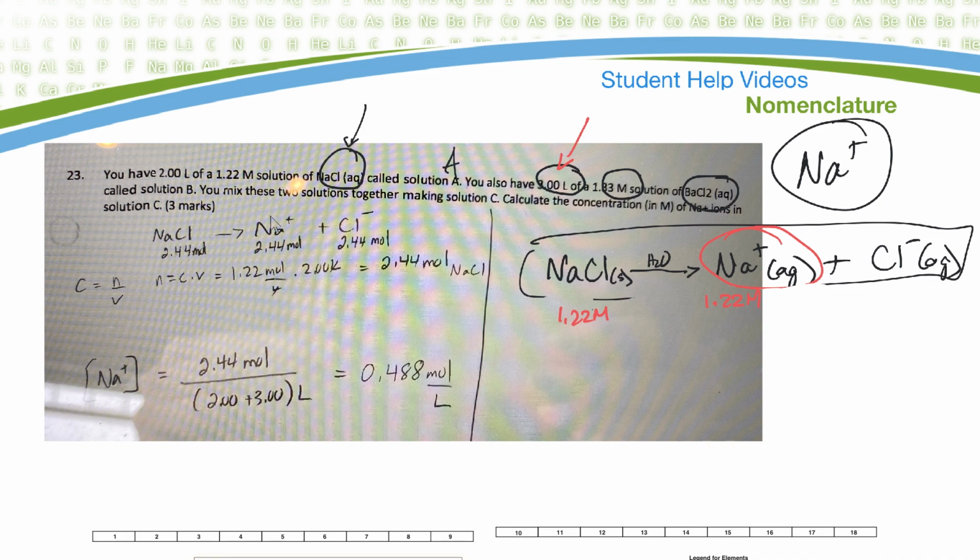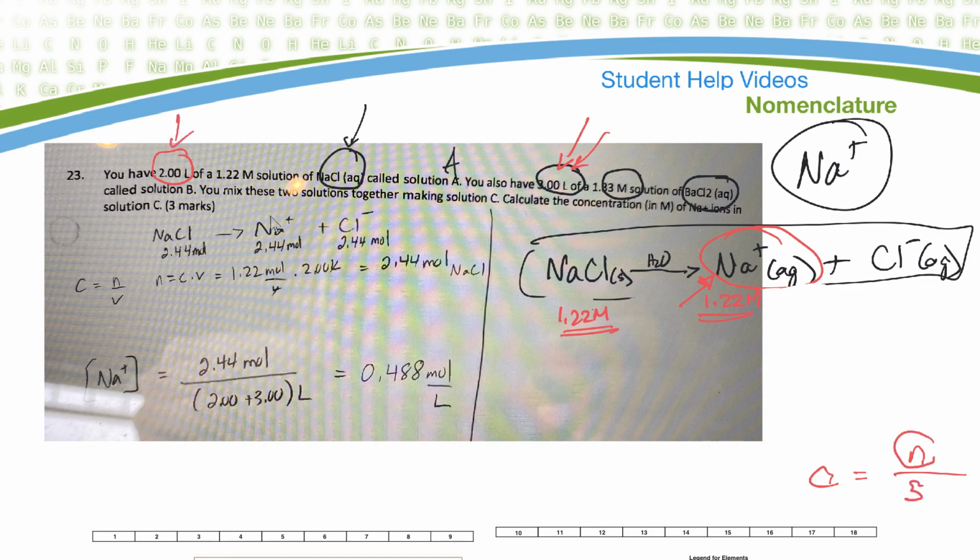So you're getting 3 liters added to the original 2 liters, so you'll have 5 liters altogether. If they hadn't mixed things, I could have said that at the start. But since they're mixing them, it's probably best to figure out how many moles of sodium I have, because I want the concentration at the end, and it'll be moles divided by the total volume, which is 3 plus 2, so 5.